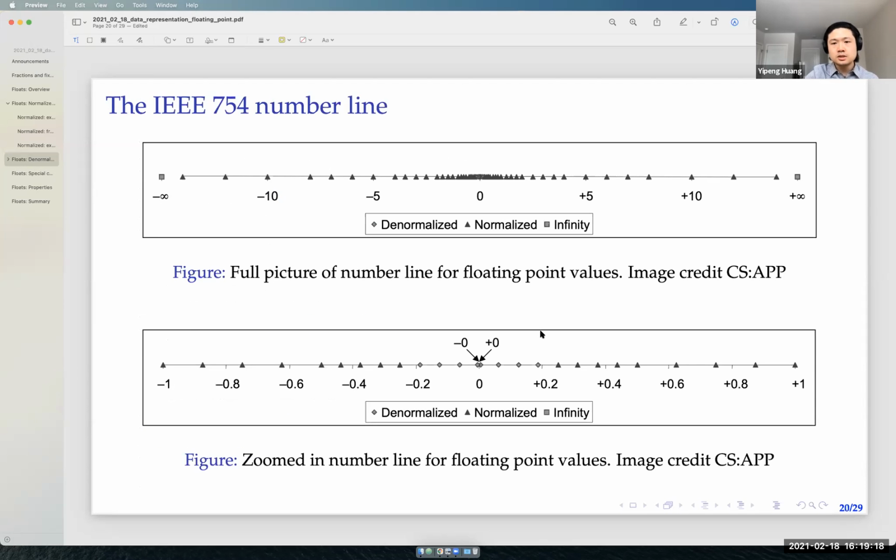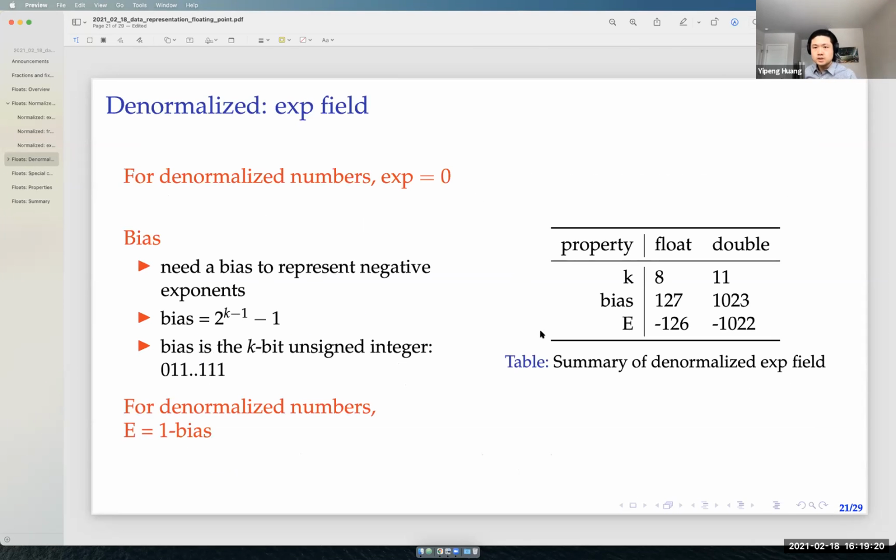So for denormalized numbers, the exponent field, the EXP field, will be 0. Because this is 0, the case here is no longer that this is a normalized number, and so the rules are slightly different. The exponent is going to be a slightly different formula. It's going to be just 1 minus the bias.